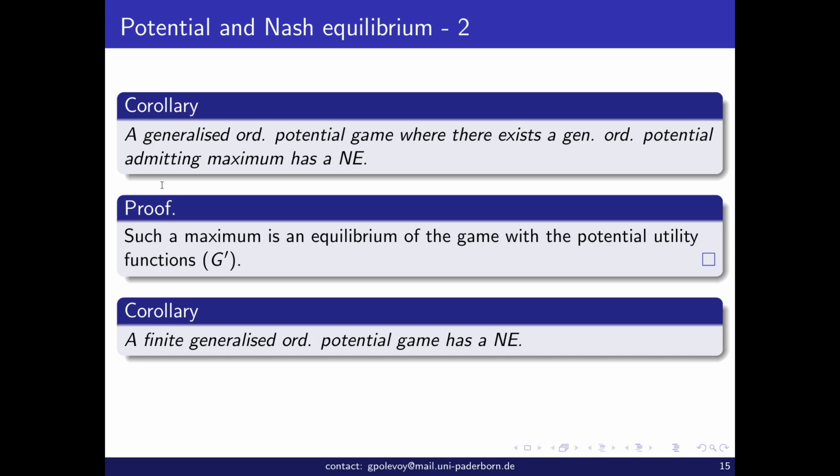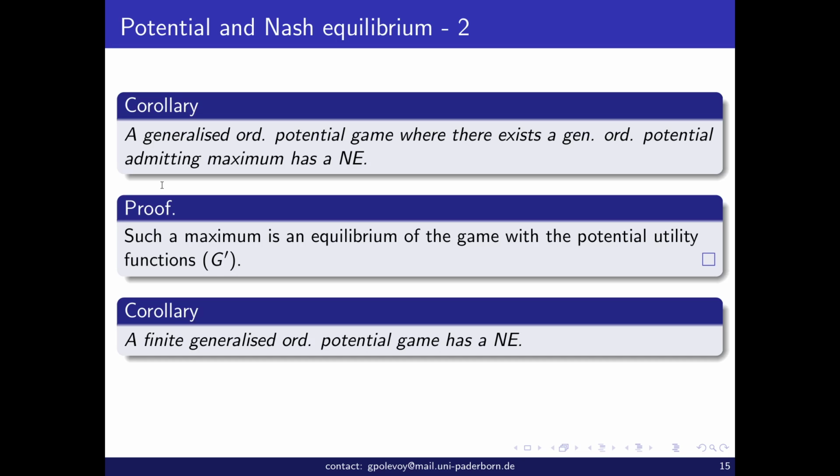The corollary is that if you have a generalized ordinal potential game where there exists a generalized ordinal potential admitting a maximum, then the game has a Nash equilibrium. Why? Because such a maximum, by definition, is an equilibrium of the game where the utility functions are just potentials. And as we just have proven, the assumption that the game is a generalized ordinal potential game implies that it's also an equilibrium of the original game.